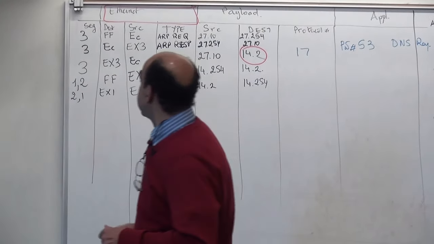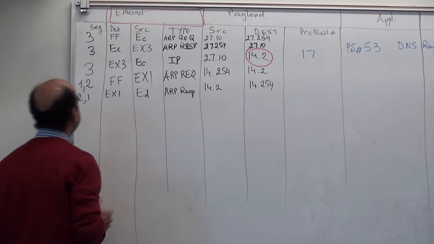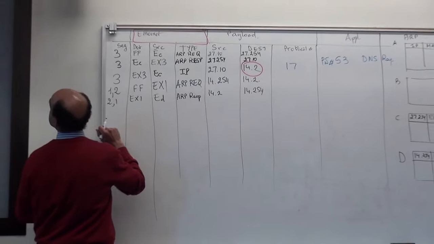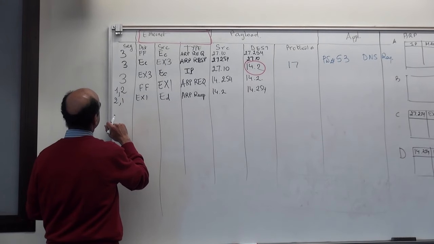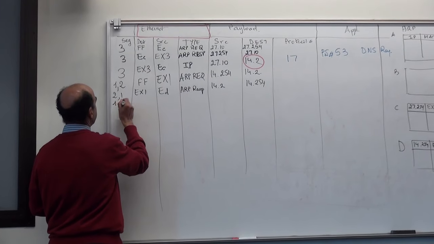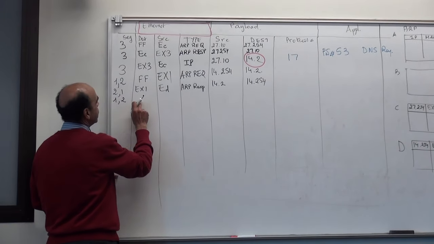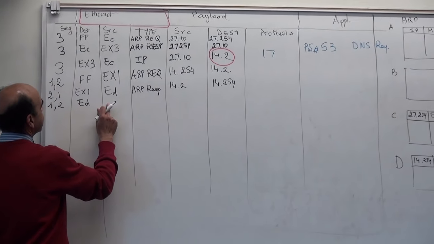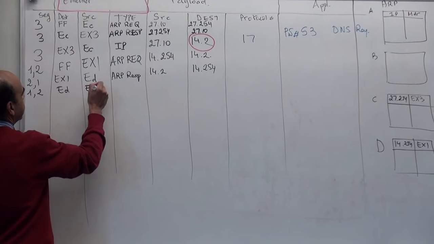So what is the next thing that will appear? The DNS request. On which segments will it appear? 1 and 2. What is the destination? ED. Who is sending these? EX1.